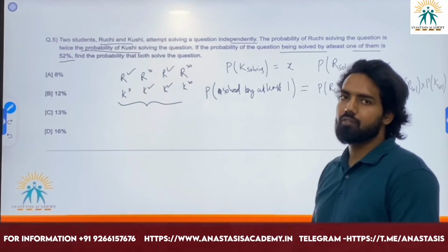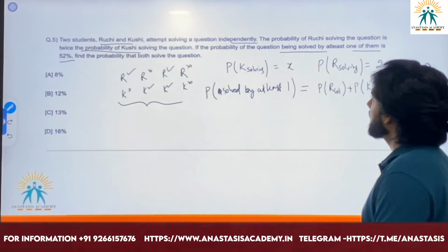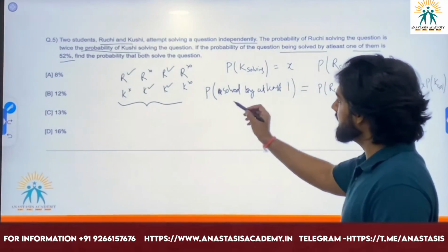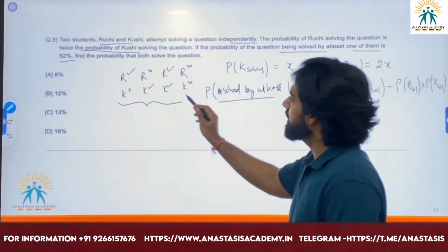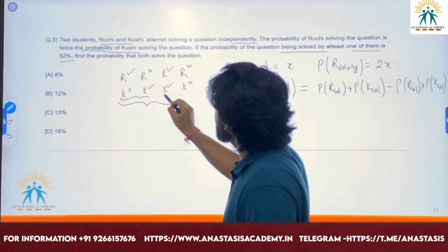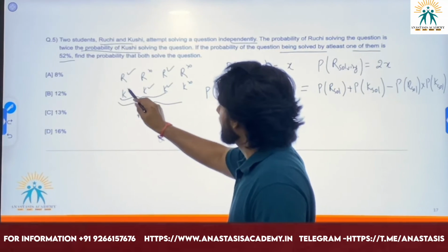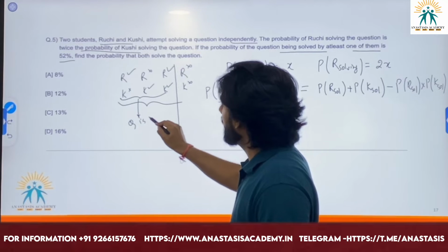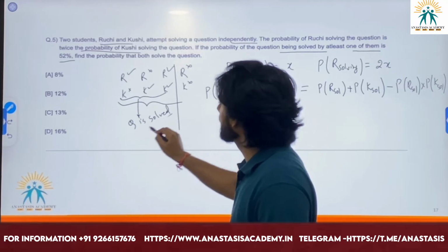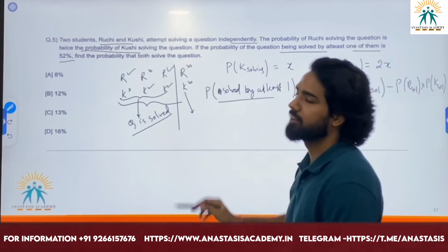So these are the total 4 outcomes. The question is solved in only these 3 cases, 1, 2 and 3. These 3 cases are where the question is solved, and this last one is where the question is not solved.